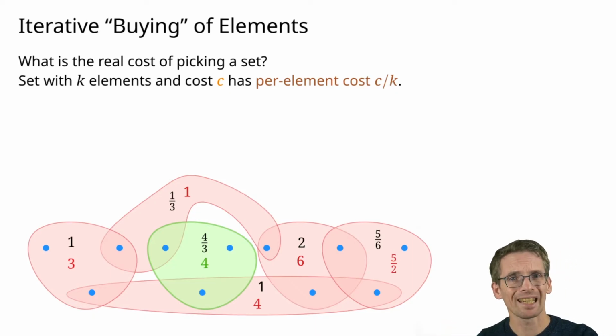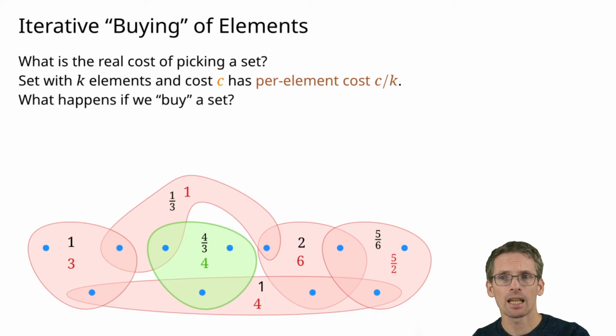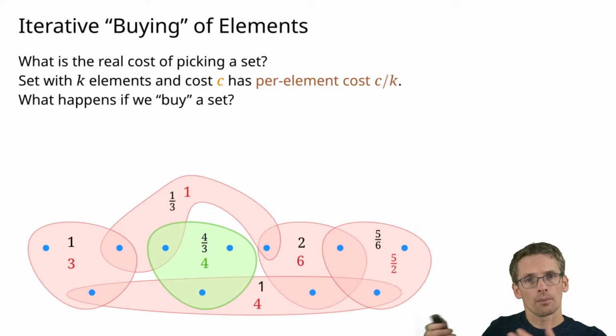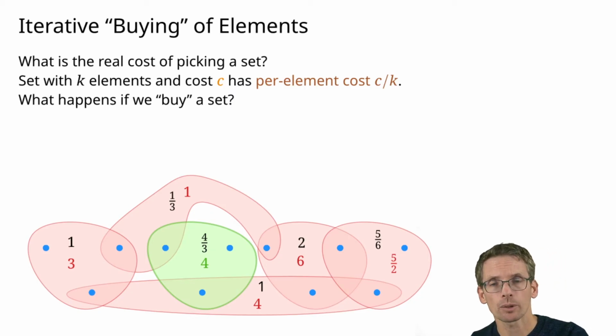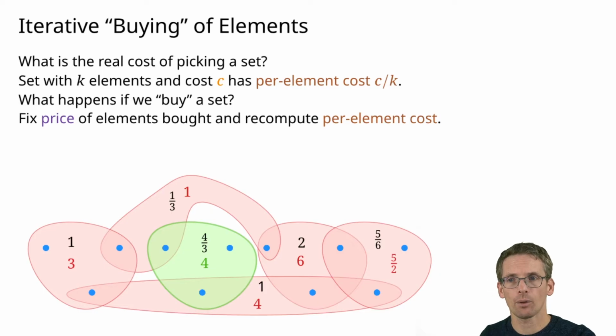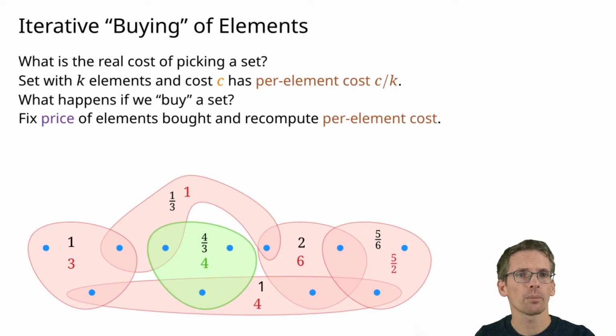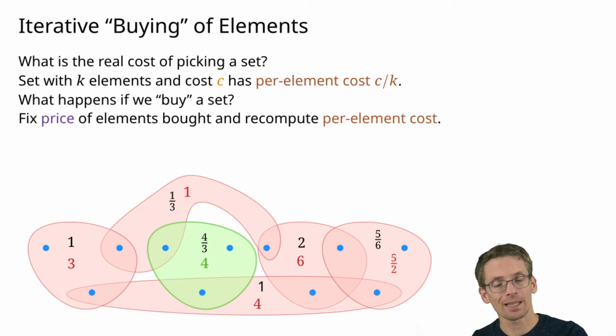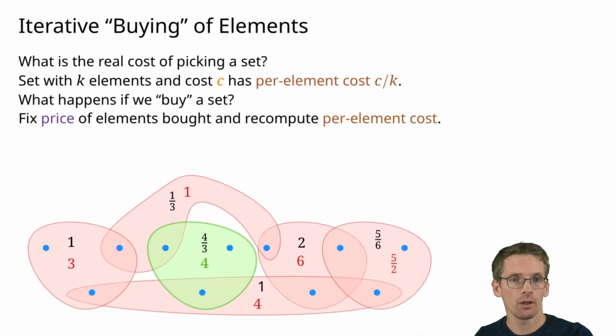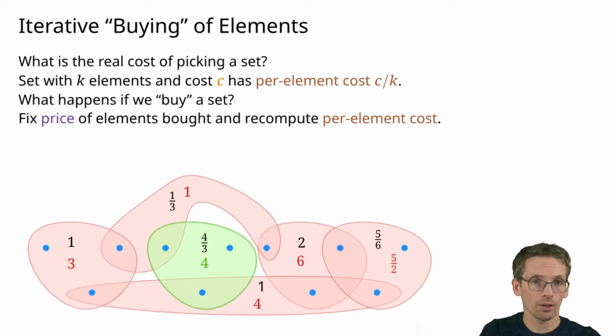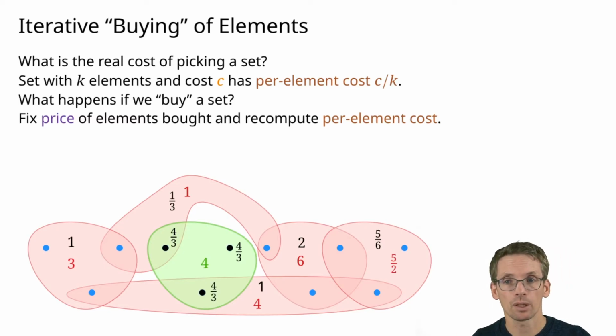Now, if I would select such a set, for instance, the green set here, then I would have to do the following. First of all, by selecting that set, I get those elements and I assign this 4/3 as price to those elements. And also I will need to recompute the per element costs for some of these sets, because now certain elements are covered, which previously weren't covered.